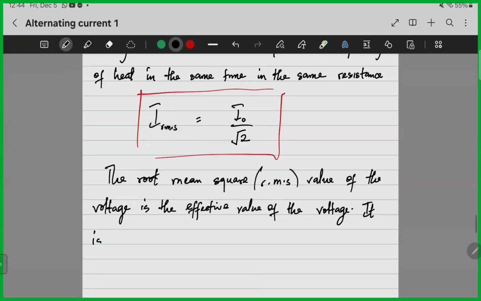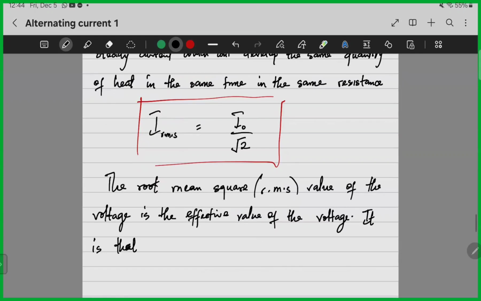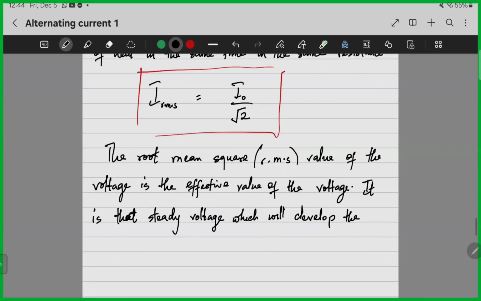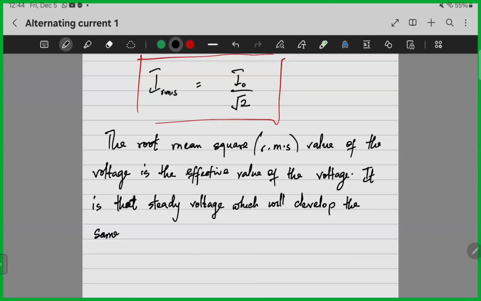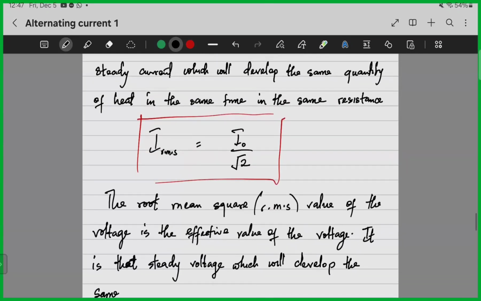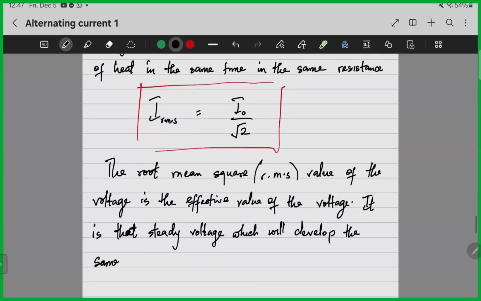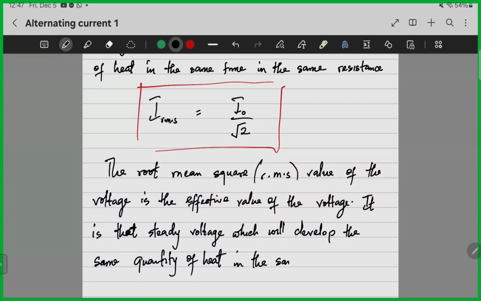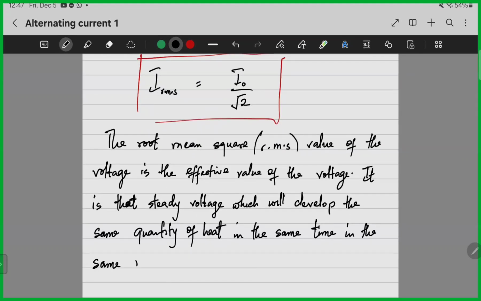It is that steady voltage which will develop the same quantity of heat in the same time in the same resistance.